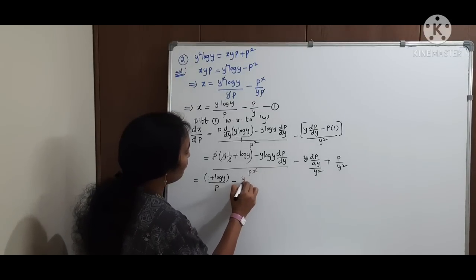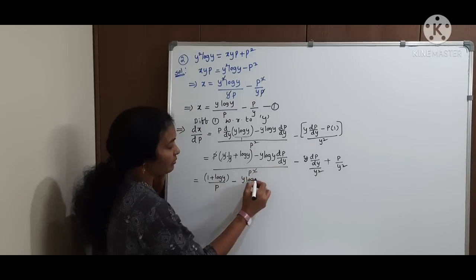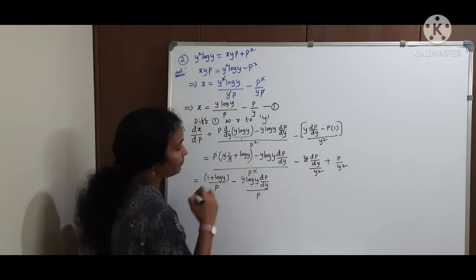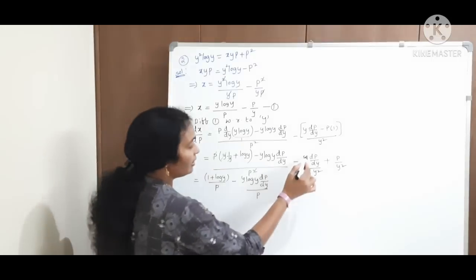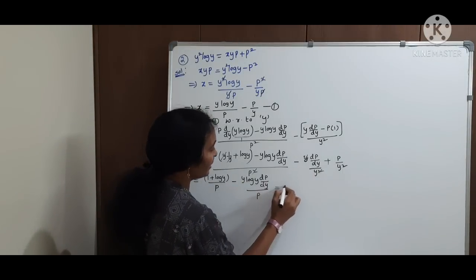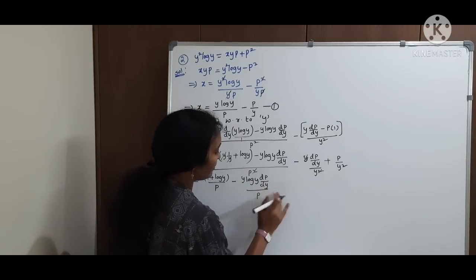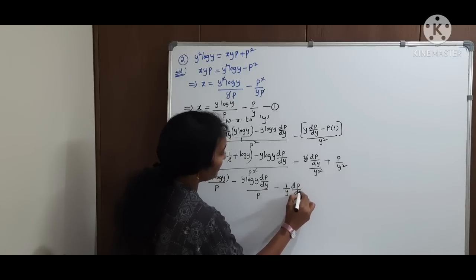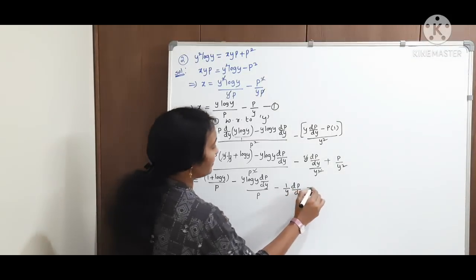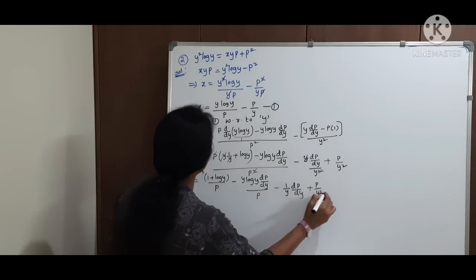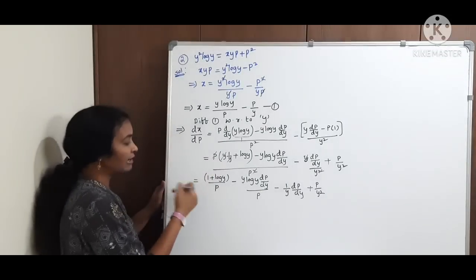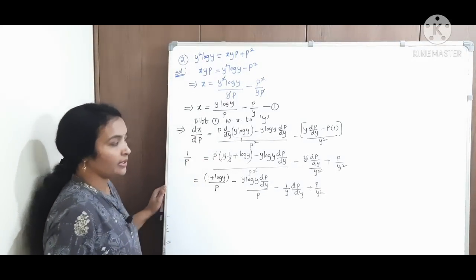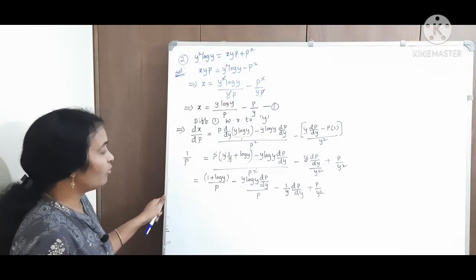No. y log y dp by dy upon p. Okay, next here y cancels. What is the remaining? Minus 1 by y dp by dy. Okay, next plus p upon y square, which is nothing but what? This is equal to dx by dp. This is nothing but 1 by p. Done? This is nothing but 1 by p.